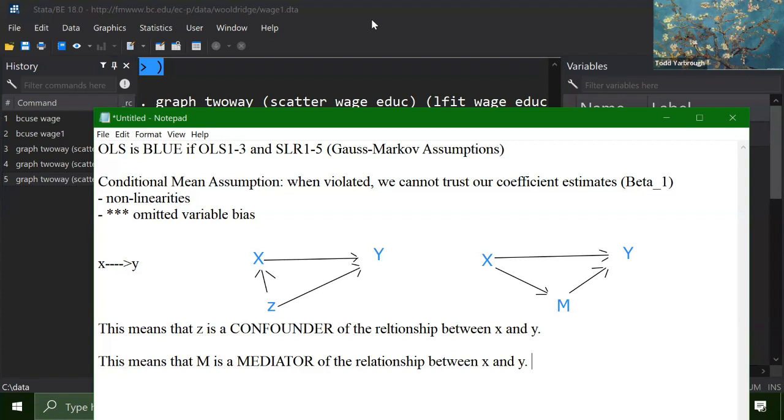We would not trust a simple univariate regression of Y on X.